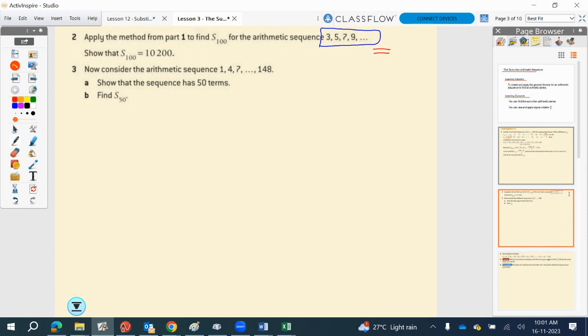I found the formula, and over, divided by two. So you remember this formula, the formula to find.